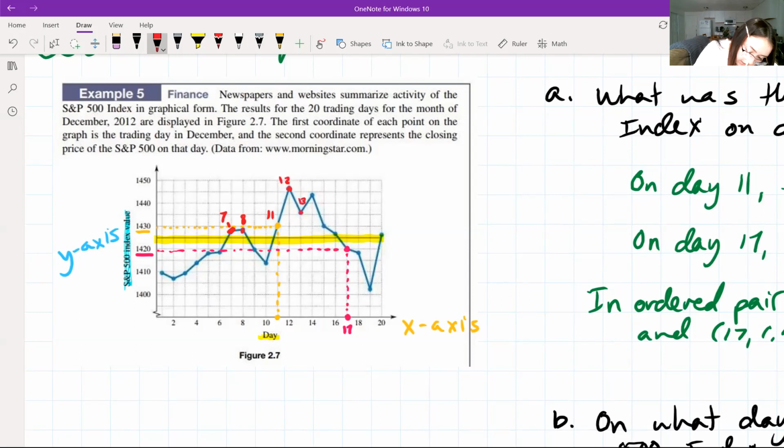Same with 13 and 14, 15 and 16, but not 17, not 18, not 19, but 20, just barely.